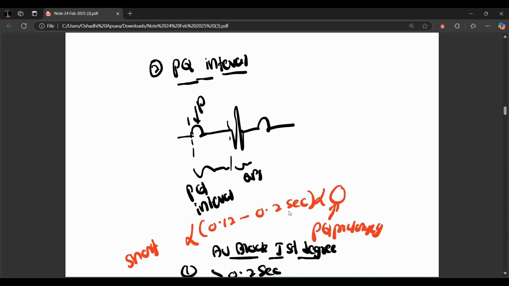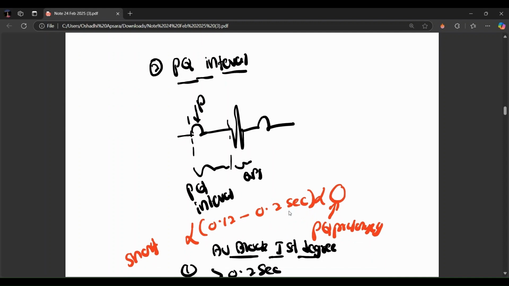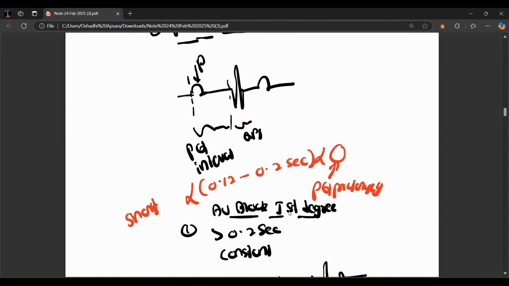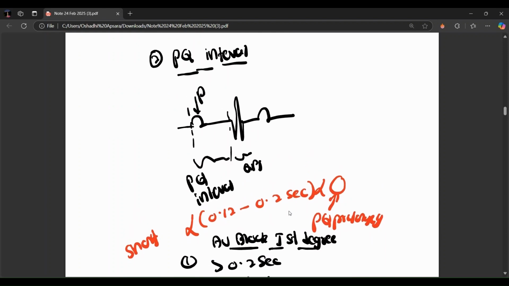Next is the PQ interval. Now we know everything about the P wave. Next, the PQ interval. What is the PQ interval? It is from the beginning of atrial depolarization to ventricular depolarization.